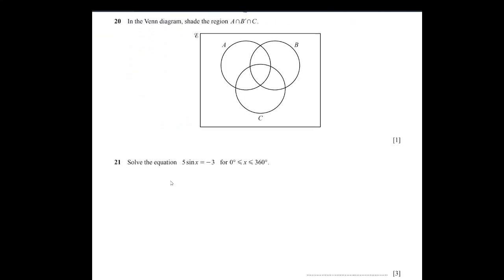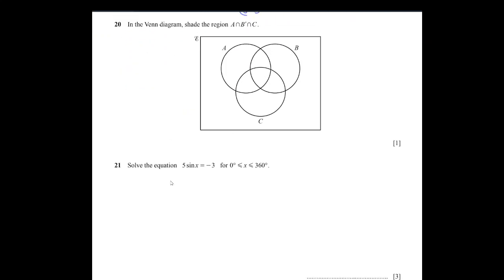Question number 20. In the Venn diagram, shade the region A intersection B complement intersection C. So try to understand here what is B complement. B complement is the whole part except B. This will be B complement.